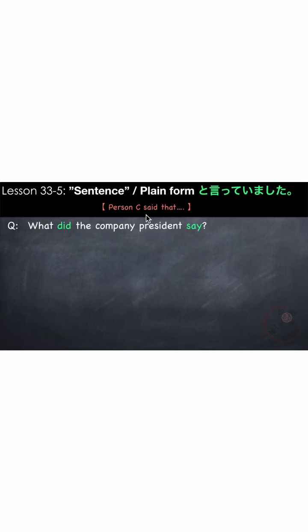For example, what did the company president say? So here, person C is the company president. 社長は何と言っていましたか? So here we have the question form. We don't know the message yet, so we put in 何と言っていましたか?